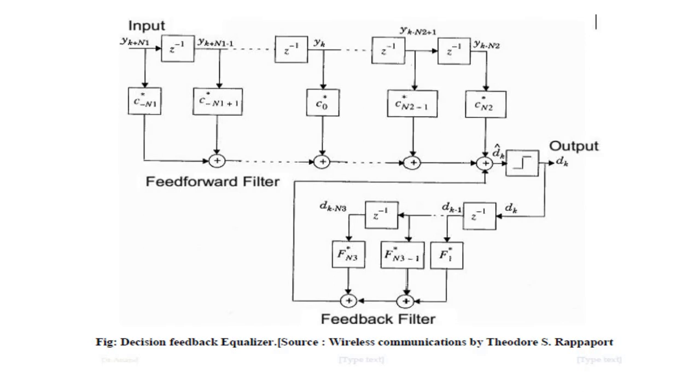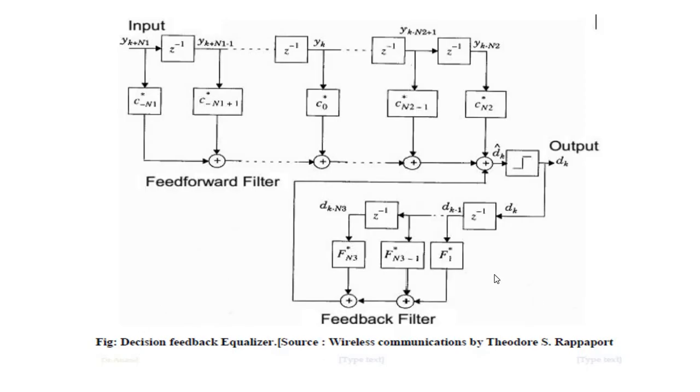So the equalizer has, as usual, the set of taps like N1, N2 plus 1. By adjusting the filter coefficients, the ISI can be cancelled and the future errors can be eradicated. Now here we can find the term Fi.